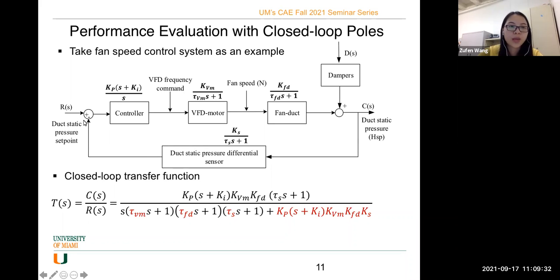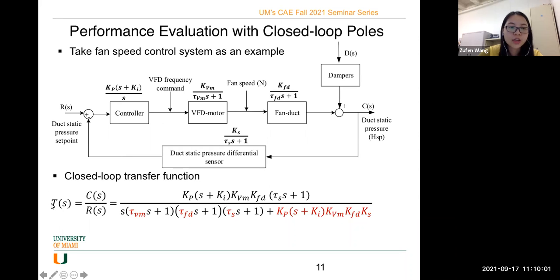If we increase the duct static pressure set point here, then there will be an error between the set point and the output pressure measured by the pressure sensor. The controller will convert the error to a VFD frequency command to increase the fan speed, so that the duct static pressure can reach the new set point.